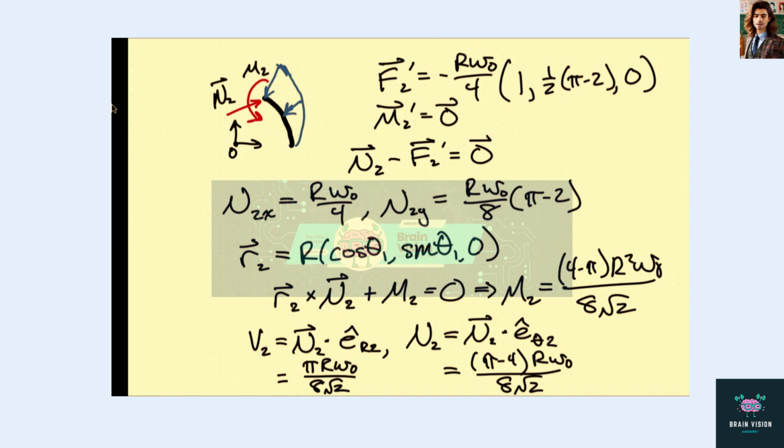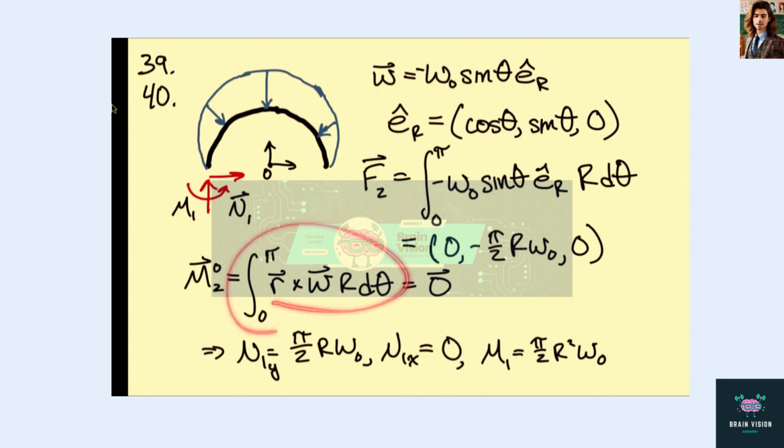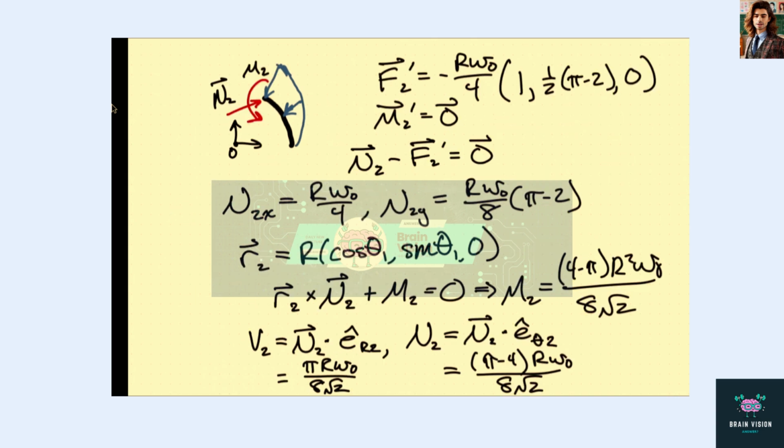So we shouldn't be surprised that we have both components because there's obviously a net force in this direction, and this is positive, so these are both negative components, which makes sense. And again, we can redo the integral from 0 to 45 degrees, and again we're going to get that the moment is 0 because all these forces act through the center here.